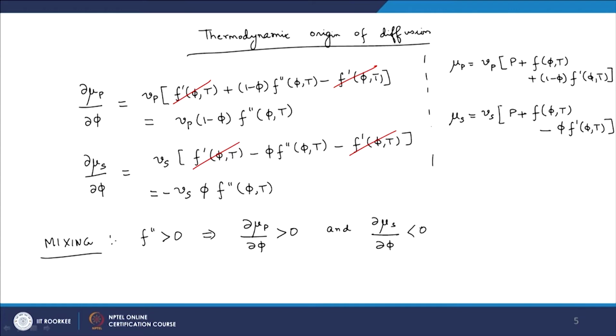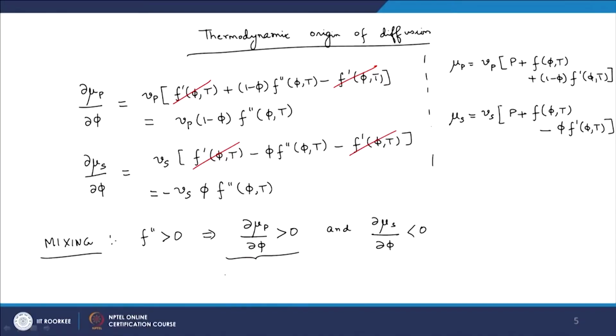Now, since things go from a higher chemical potential to a lower chemical potential, and what we see here is mu p is increasing with increasing phi, and mu s is decreasing with increasing phi, the chemical potential will decrease when the phi decreases.